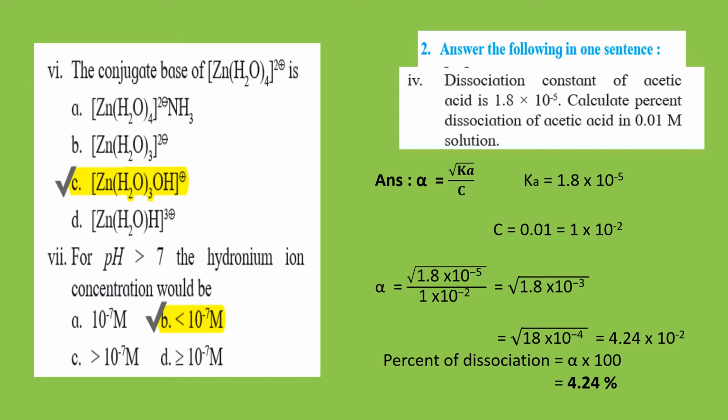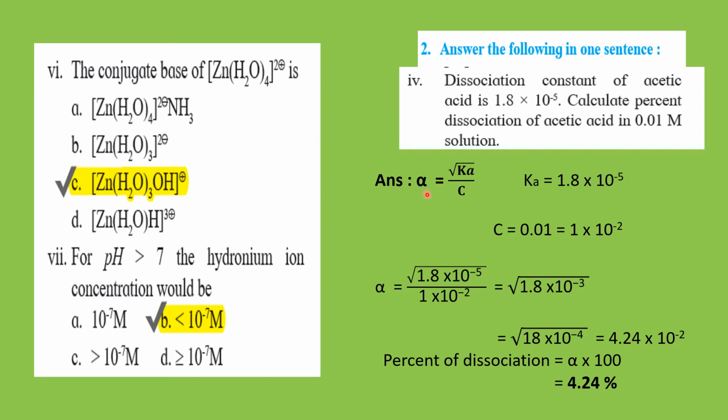So in this question, the dissociation constant of acid, that is Ka, is given 1.8 into 10 raised to minus 5. And concentration is also given, that is 0.01, that can be written as 1 into 10 raised to minus 2. To find % of dissociation, first we have to find degree of dissociation alpha.